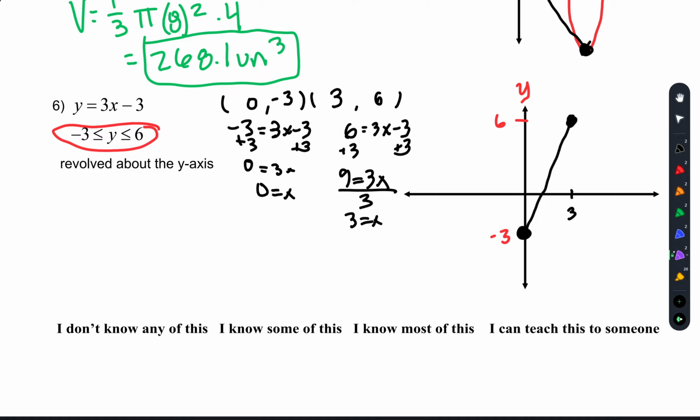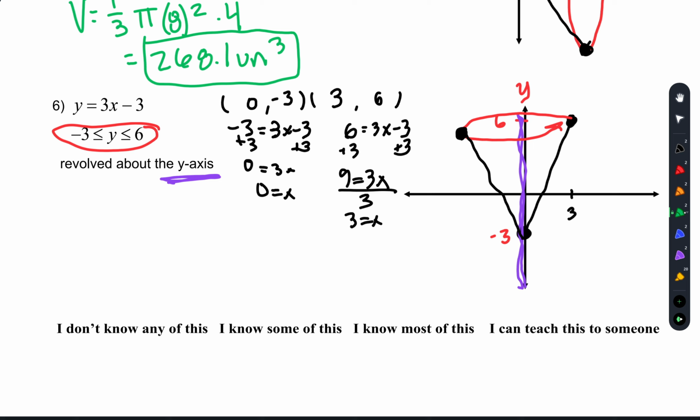Okay, pay attention to where we're rotating. We're revolving around the y-axis. So I'm going to revolve around this line right here, which means it's going to go all the way around, reflected that way. We've got another cone.